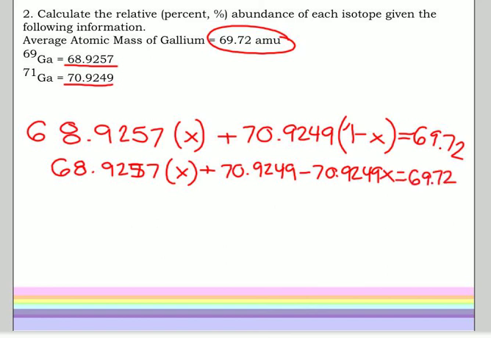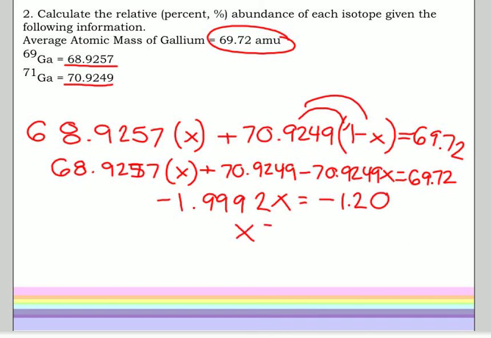All I did was go through the math and multiply it through. Then I want to get my x's on the same side. I get negative 1.9992x equals minus 1.20, my number. So I just got all my like terms together. And then I solve for x, which is 0.6000.